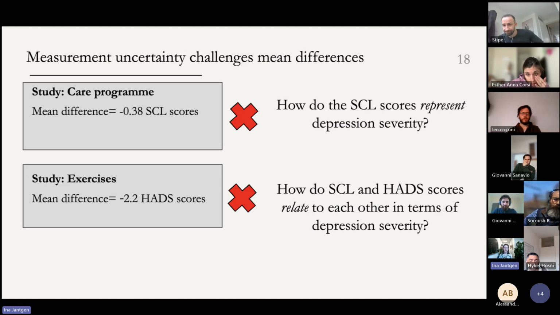On the other hand, researchers may be uncertain about how to compare mean differences measured on so many different scales. So how does the reduction of 0.38 checklist scores relate to the reduction of 2.2 HADS scores? That's an uncertainty that comes from being uncertain about how the checklist and the HADS scores relate to each other in terms of depression severity.